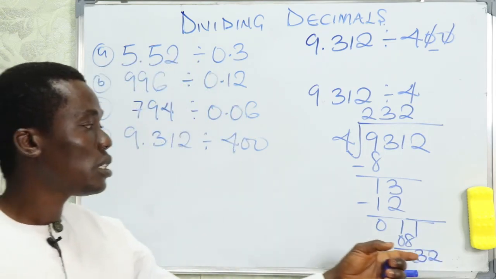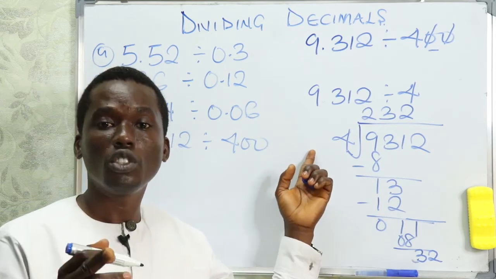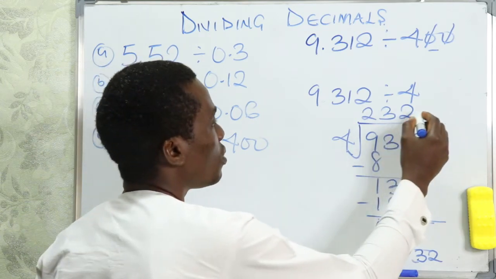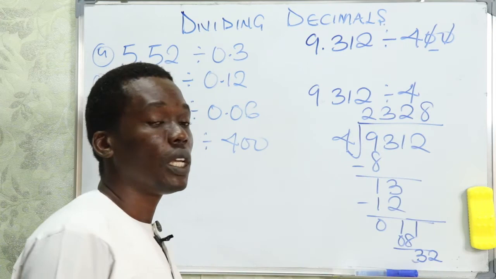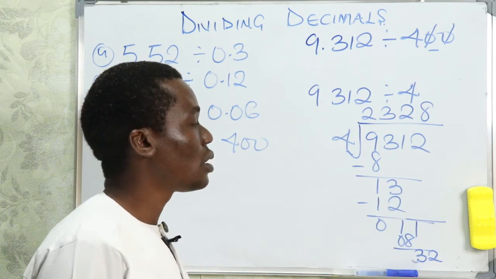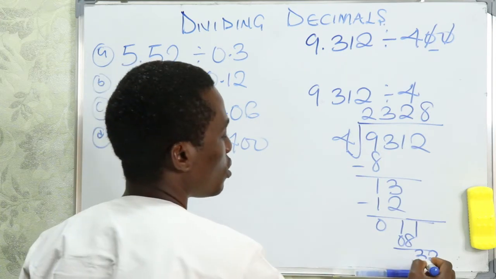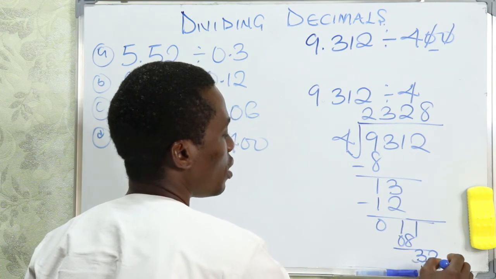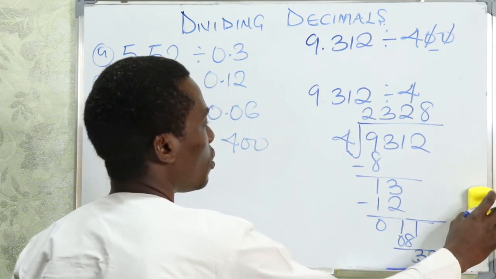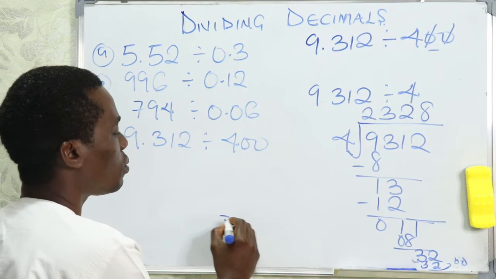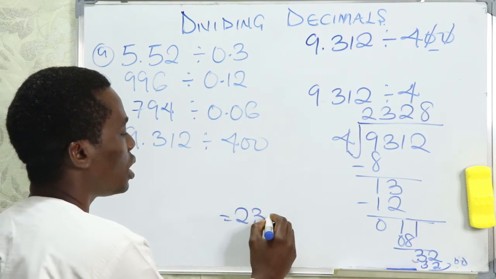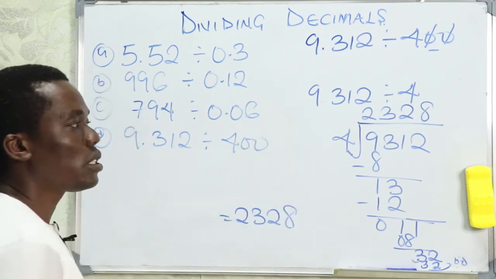So 32 divided by 4 is going to give you 8, because 8 times 4 is 32. So this will give you 0 and 0. So your result is going to be 2328.